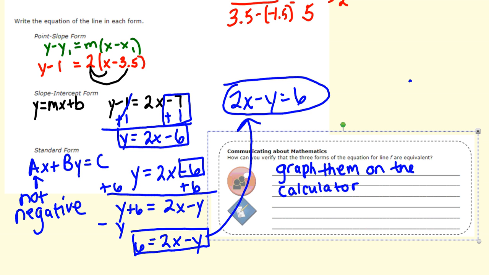So I could graph, the easiest one to graph in your graphing calculator is 2x minus 6. But I think that tomorrow I'll just show you how to do the other ones. So if somebody will remind me tomorrow, we will type in our other ones to make sure that we are bringing up the right graphs on our graphing calculators to check to make sure our answers are correct.